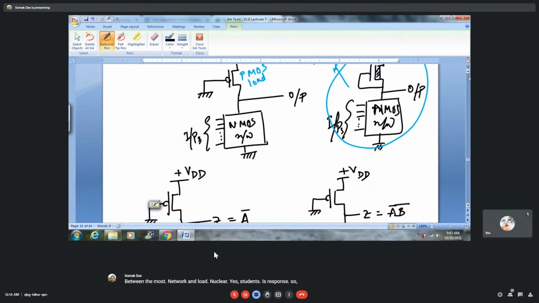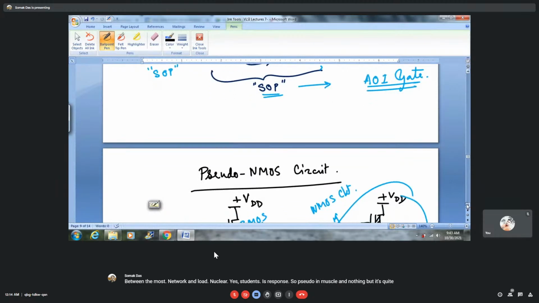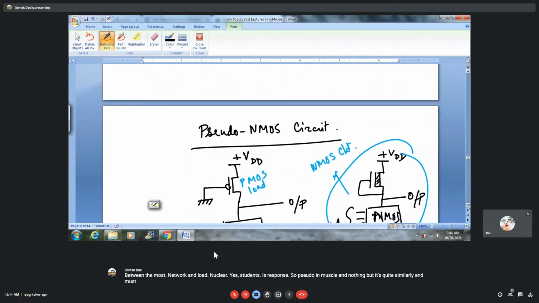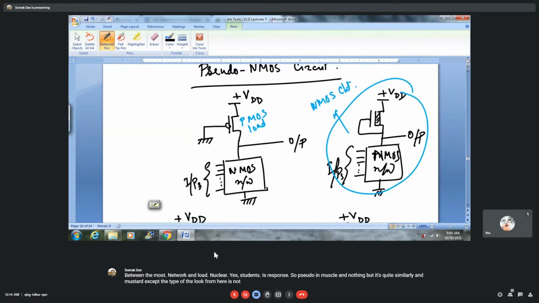So, pseudo NMOS circuits are quite similar to NMOS circuits except the type of the load transistor. Here the load transistor is not a diffused n-channel load transistor, rather it is a PMOS transistor whose gate terminal is constantly grounded. The NMOS network design criteria is same.